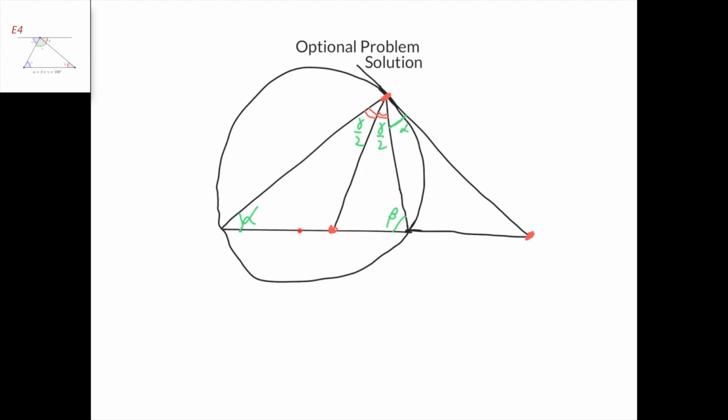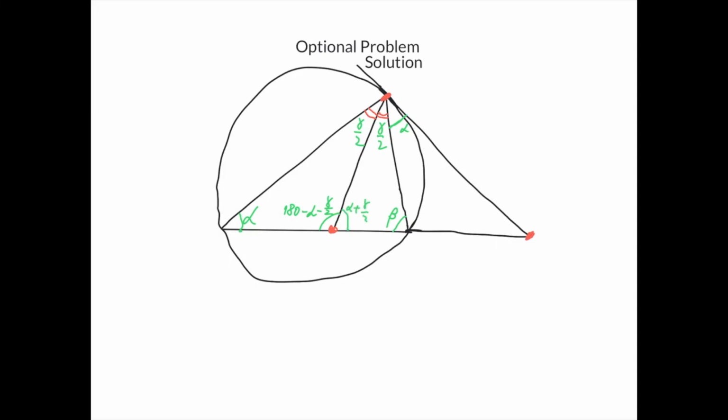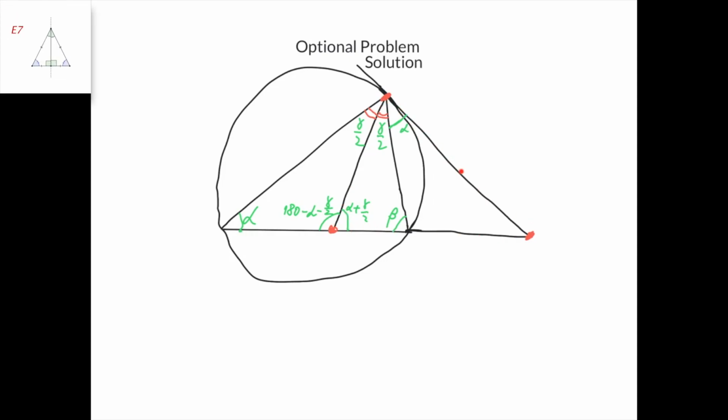On the other hand, from this triangle here, we know that this is alpha and this is gamma over 2, and so this angle here is 180 minus alpha minus gamma over 2. And therefore, the complementary angle here is just alpha plus gamma over 2. And this is it. We didn't even need to include beta in our calculations, because this angle is now gamma over 2 plus alpha, and this one is alpha plus gamma over 2, so they're the same angle. And therefore, this triangle is isosceles.